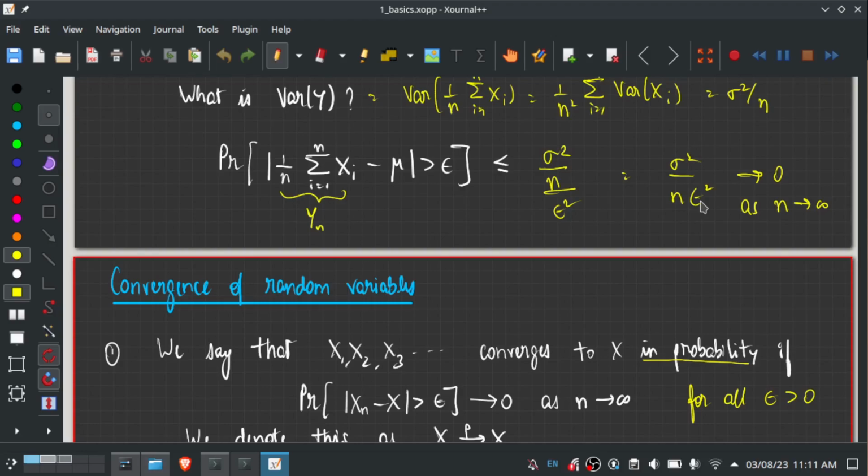So in such cases, Chebyshev's inequality is good. But as we'll see, this is not the best bound that we can get. We can get much better bounds on probabilities of this particular form. All right, any questions so far?